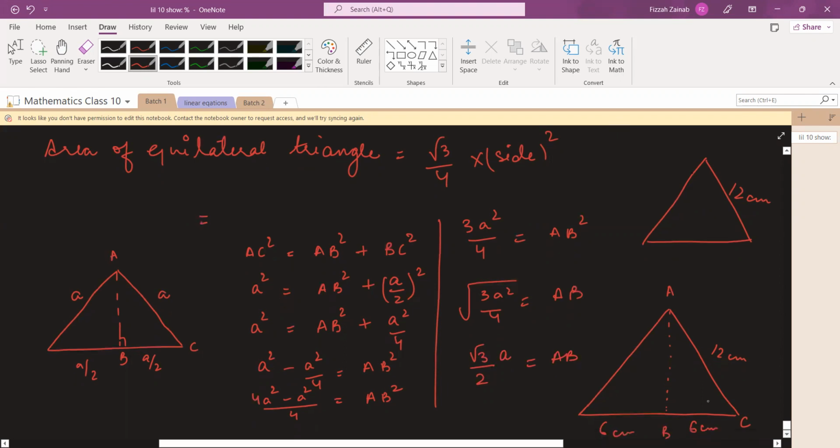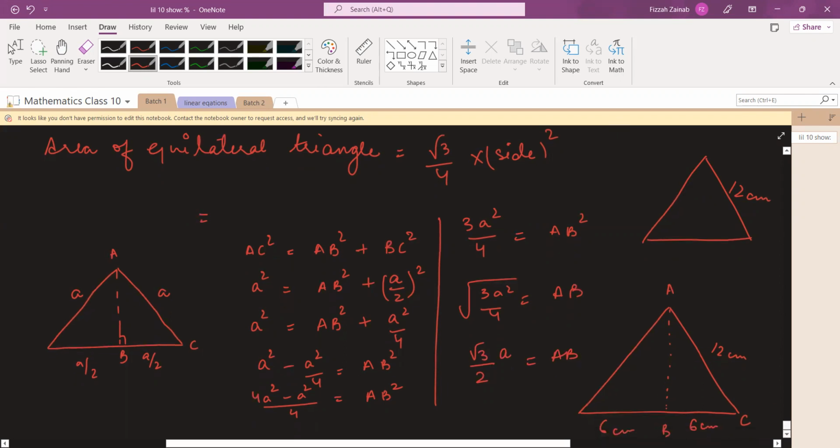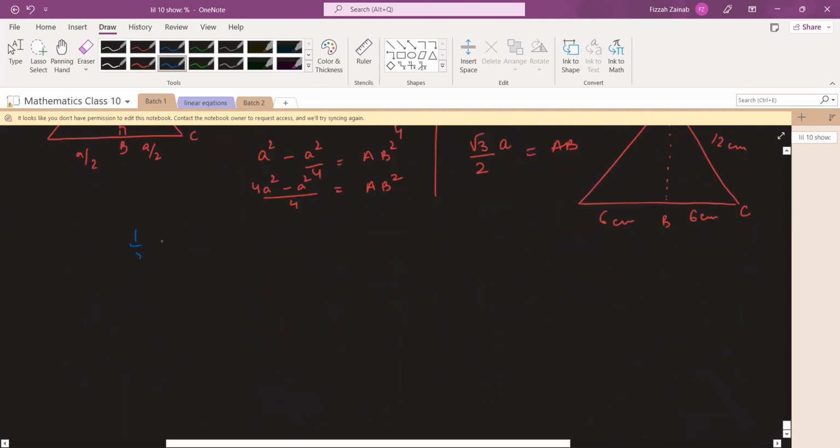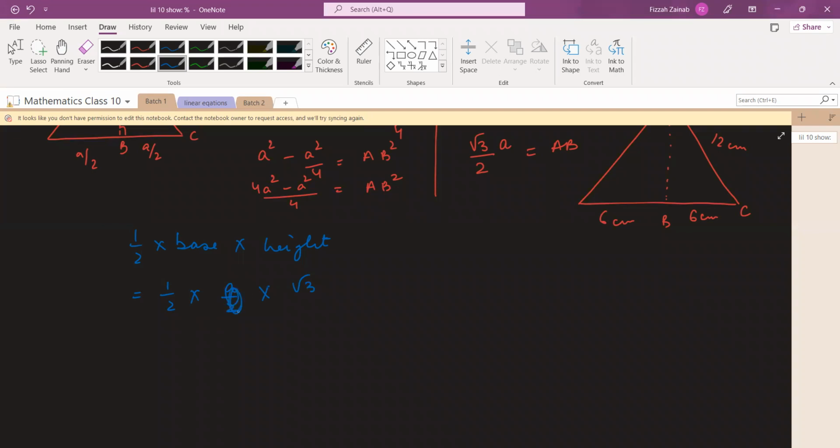Now the formula is half base into height. So if I use half into base into height, what will I get? I get half into, now base is a by 2, right? And into height is this under root, sorry, no. Base is not a by 2, base is this complete side, which is a.